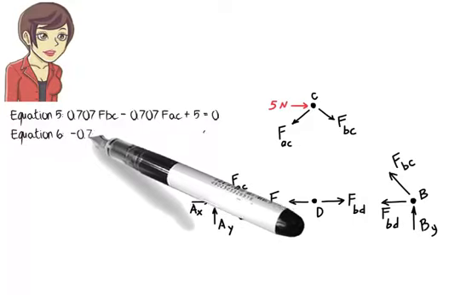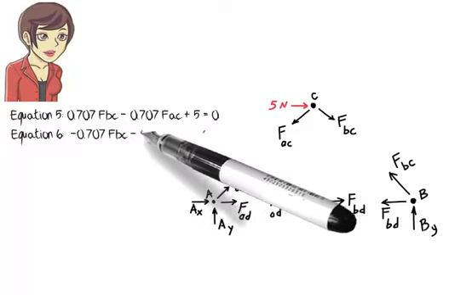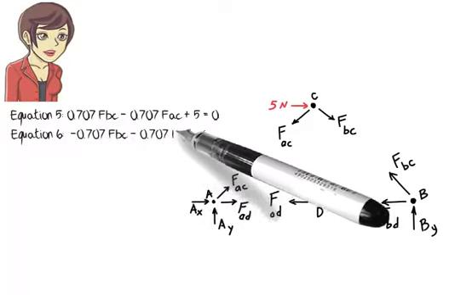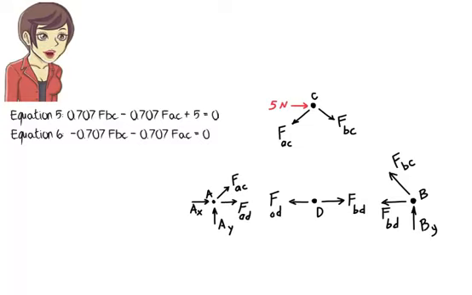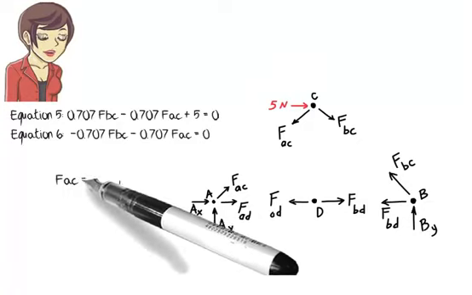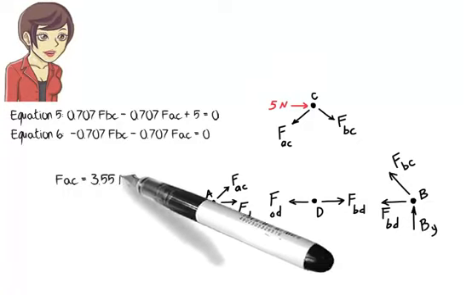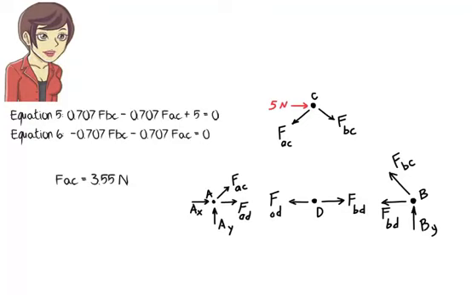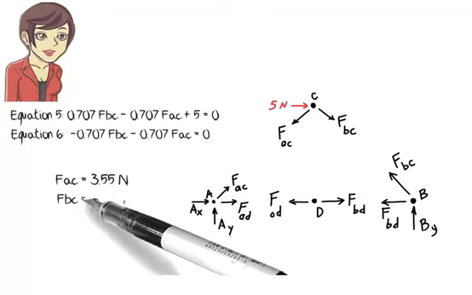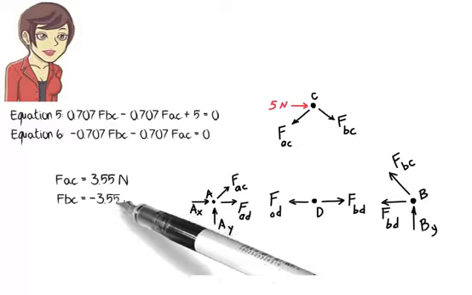And negative 0.707 FBC minus 0.707 FAC equals 0. Solving them for FAC and FBC, we get FAC equals 3.55 newtons. FBC equals negative 3.55 newtons.